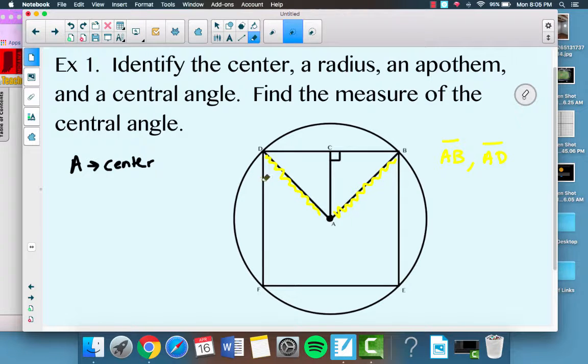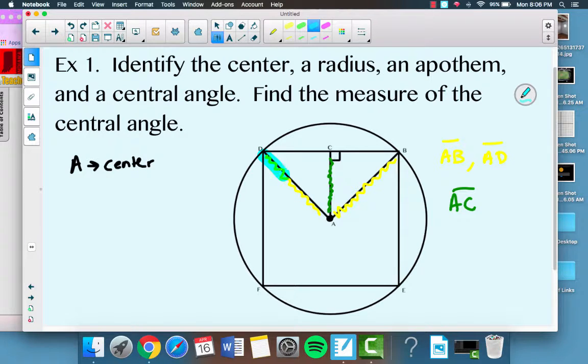Okay, and then we can go ahead and find the apothem. So the apothem is from the center and goes perpendicular to the side. So I'll scribble that in green. So the apothem is going to be segment AC. And then our central angle is going to be, let me get a highlighter here, from the center out.